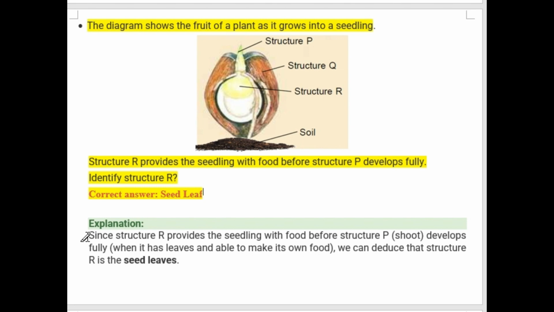Explanation. Since structure R provides the seedling with food before structure P, the shoot, develops fully when it has leaves and is able to make its own food, we can deduce that structure R is the seed leaves.